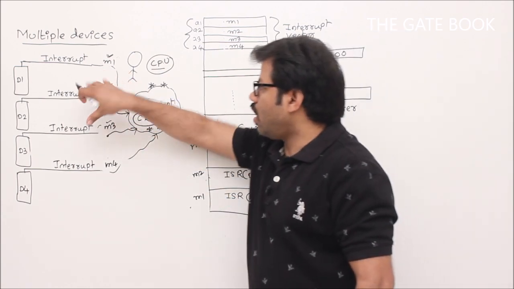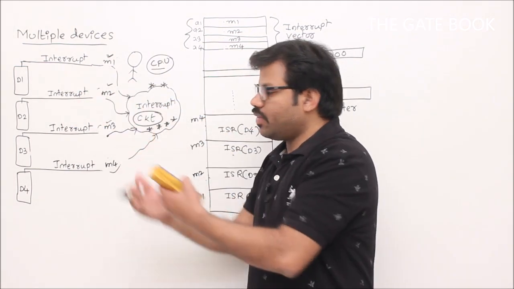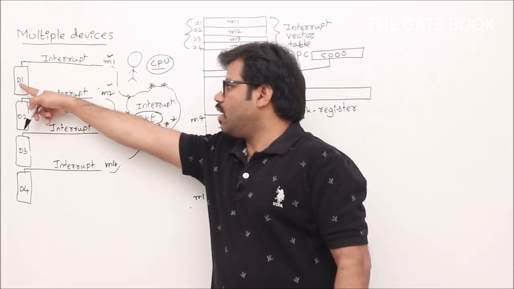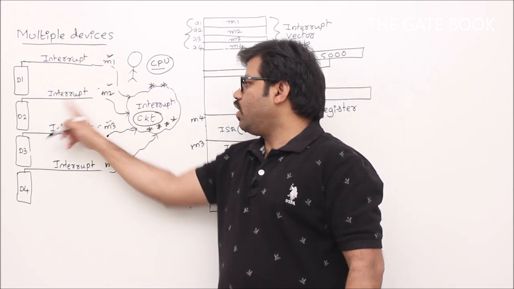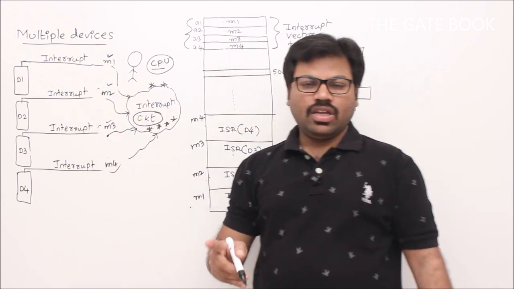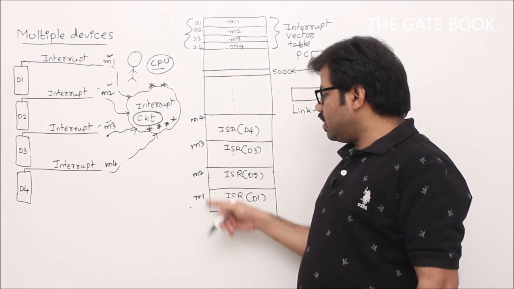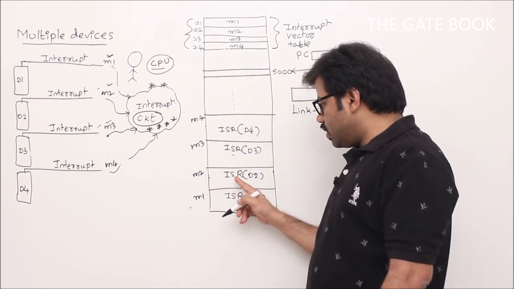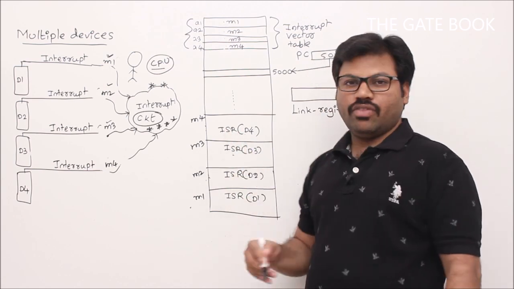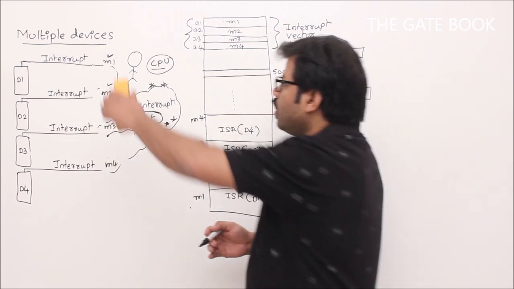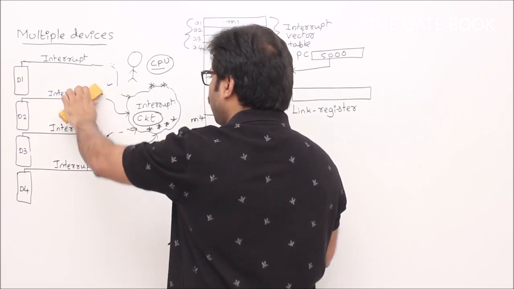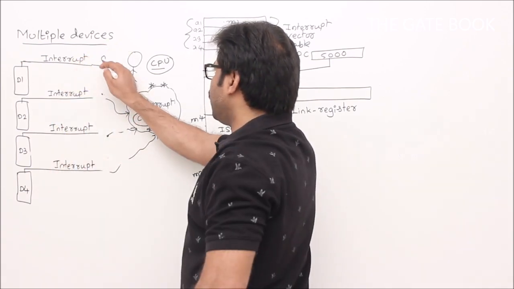Once you hard-code it, once you design this kind of circuit, assume the designers decided to give device 1 the M1 address, D2 M2, D3 M3, D4 M4. Then later we cannot change these memory addresses; we always have to write interrupt service routines in these places only. We can't move them, correct? But if I write just an indirect pointer, obviously you always get an advantage because of pointers.